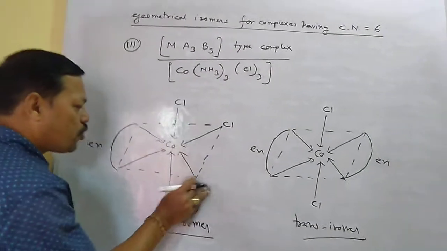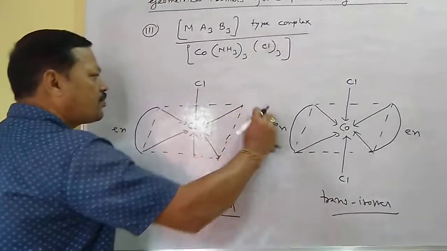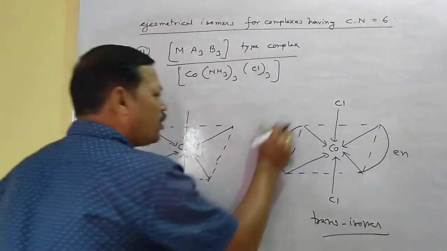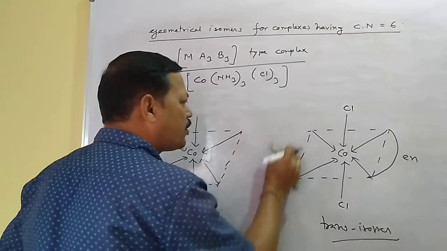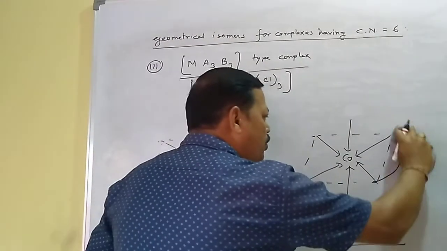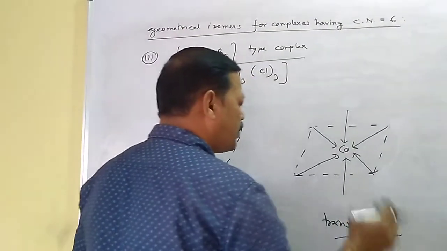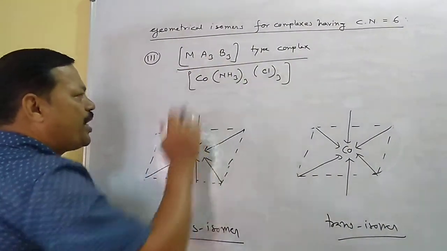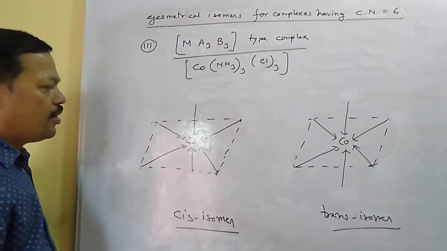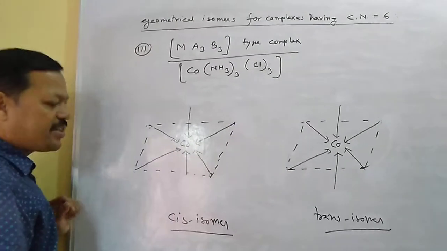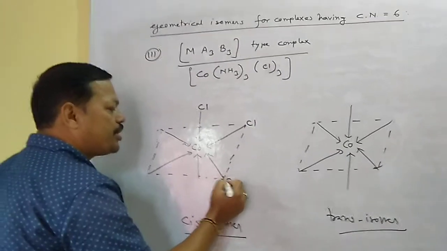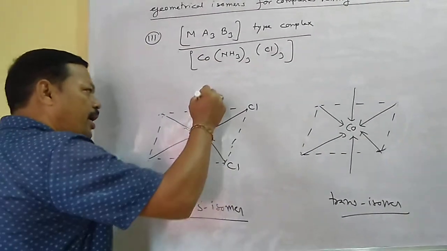Now if you want to draw the cis and trans, here 3 ammonia ligands and 3 chlorine ligands. Since the number of ligands is 3, it is difficult to draw the cis and trans isomer. So if you want to draw it, suppose 1 chlorine in this position, 1 chlorine in this position, 1 chlorine in this position.